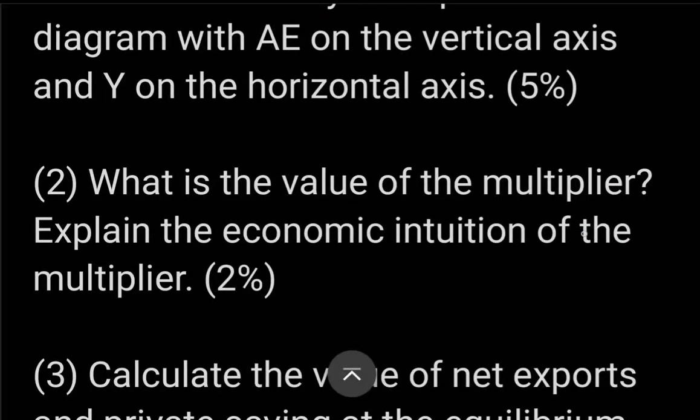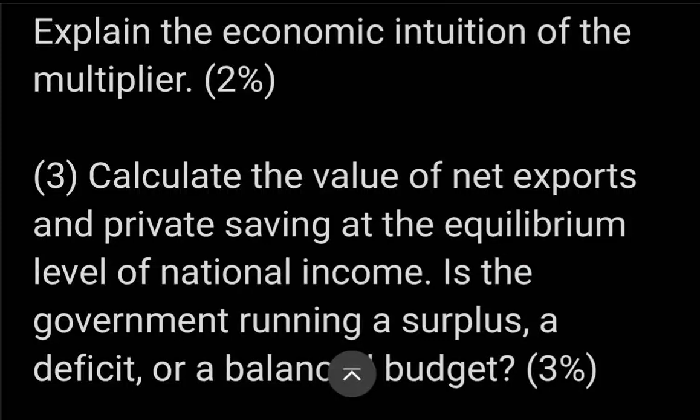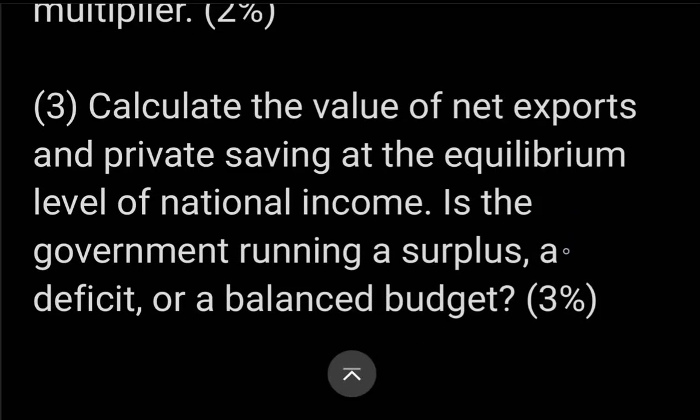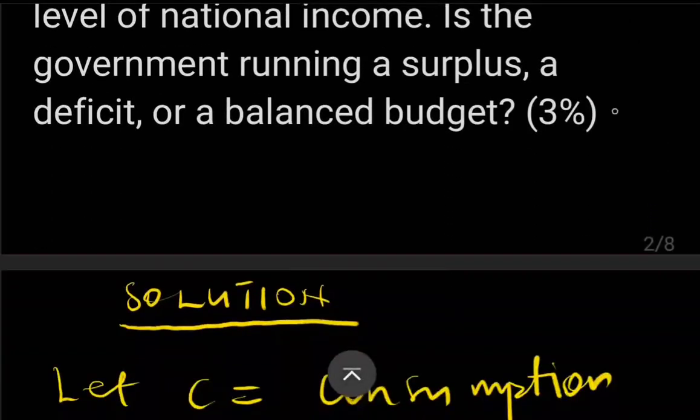Question 2 says what is the value of the multiplier, and also explain the economic intuition of the multiplier. Question 3 says you should calculate the value of the export and private saving at the equilibrium level of national income. The question also asks: is the government running a surplus, a deficit, or a balanced budget?